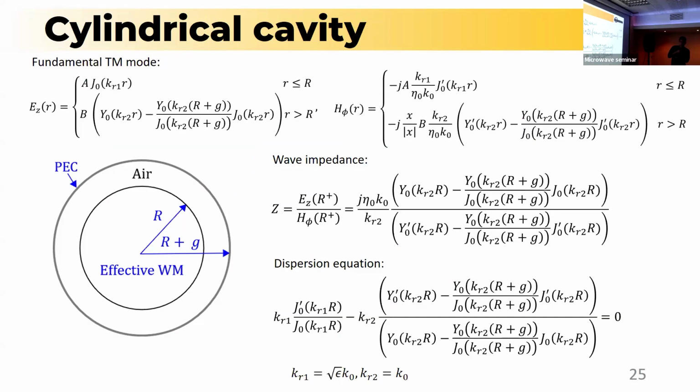For example, in the 1D case, it can be easily understood what this lambda over 4 idea is doing: the plane wave will travel a distance in the air gap region, then it will bounce on the cavity wall, and then it will travel another distance, and at the end it creates a phase shift of 2 pi.